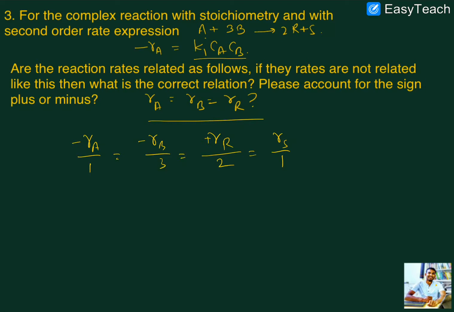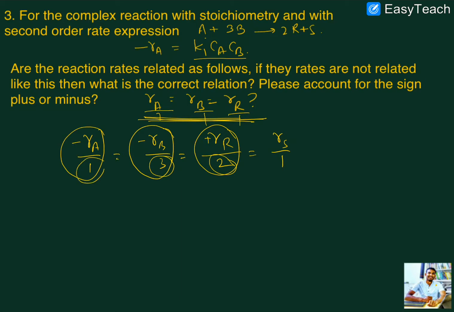If you look at this rate expression and that rate expression, it is not like this. If it were, there would be 1, 1, 1, whereas here the coefficients are 1, 3 and 2. So obviously this is not the correct relationship. This is the correct relationship for this question.